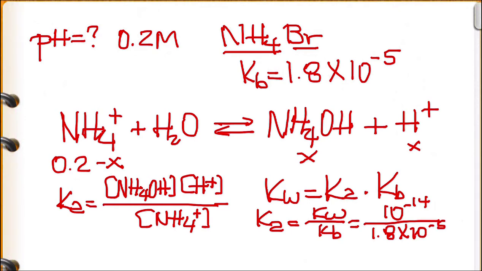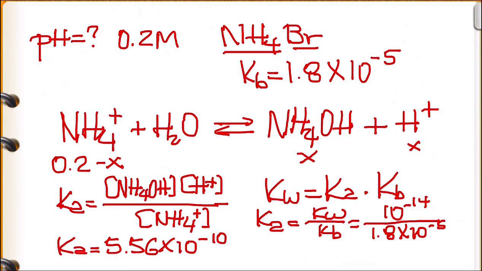So from that we get the Ka equals 5.56 times 10 to the minus 10. That's what I got here in my calculator.